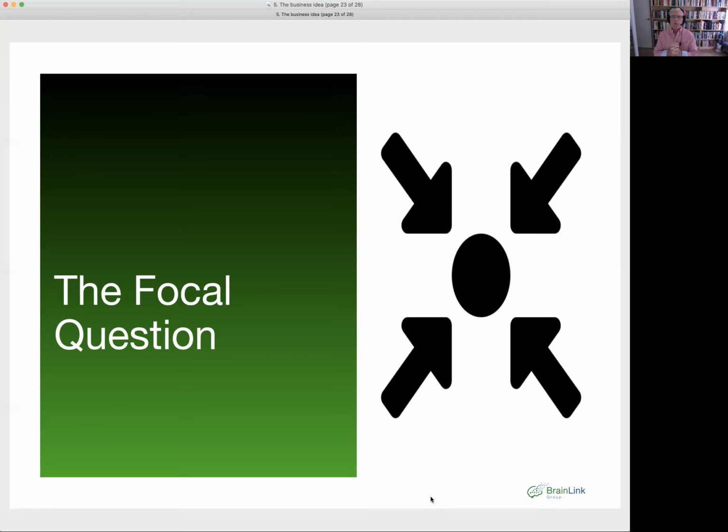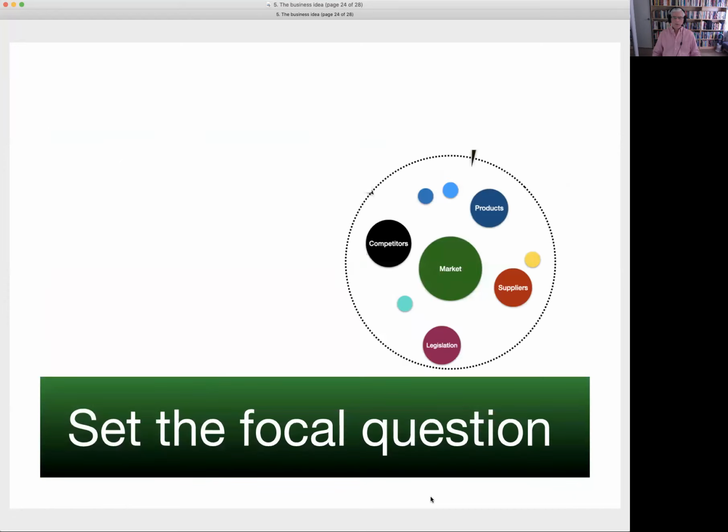And that's really what we're trying to do. We're trying to now define the environment of your market that your business idea is serving. So setting the focal question has as its primary focus the market that you are trying to address with your business idea. And it also takes into account things like what the competitors are doing, what the products are that are available, who the suppliers are, and what relevant legislation may or may not be affecting the way that that market is served.